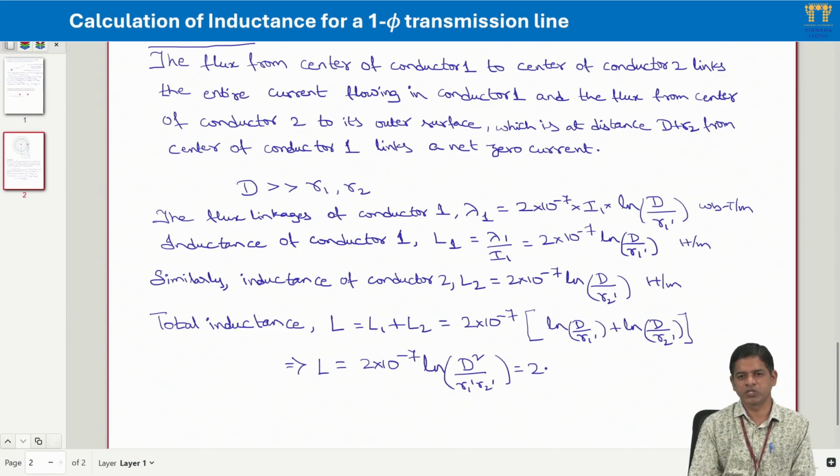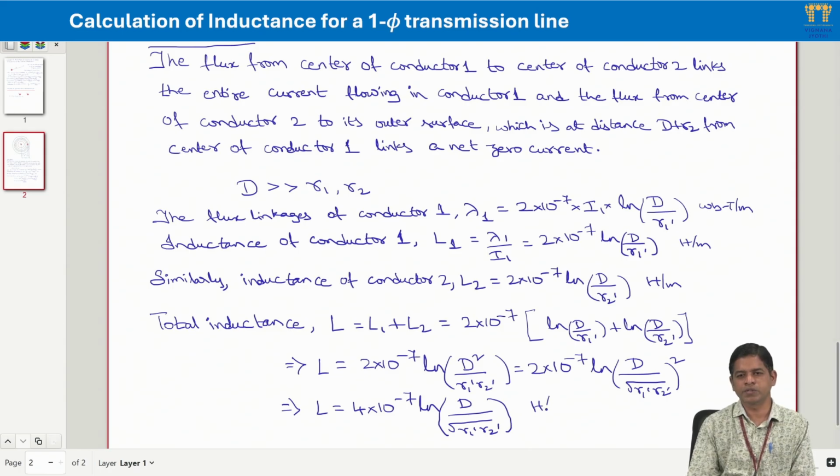This can again be written as 2 into 10 power minus 7 log of d by the square root of r1 dash r2 dash, whole squared. It implies L is equal to 4 into 10 power minus 7 log of d by the square root of r1 dash r2 dash Henries per meter.